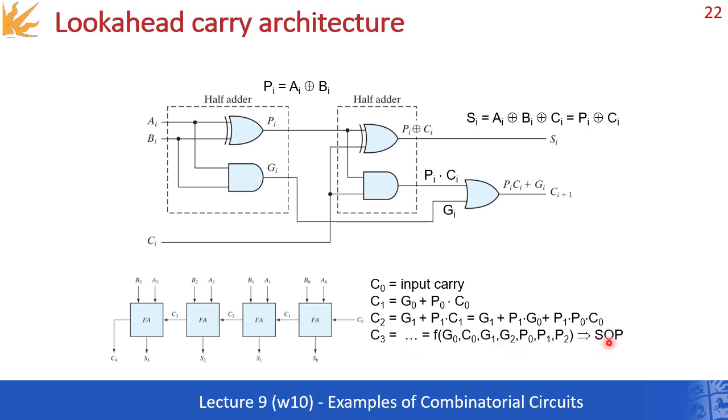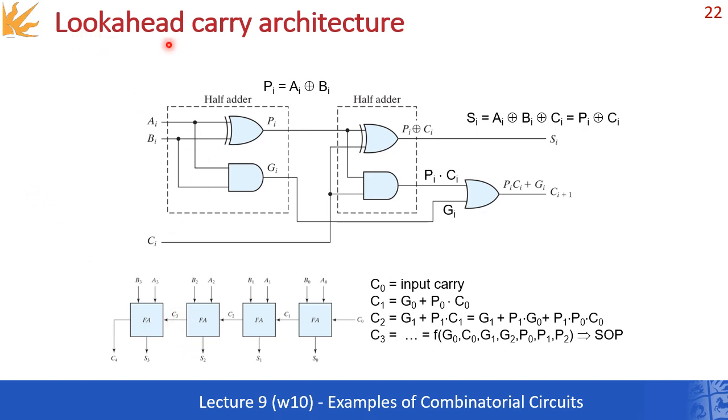And as you know, a sum of products from the previous lectures implies 2 levels. So for carry 3 over here, which is needed for adding the most significant bits here, you only need 2 steps as a sum of products, so that you can compute S3. Again, the addition is not done in parallel, but the number of steps needed for computing C3 here is only 2.